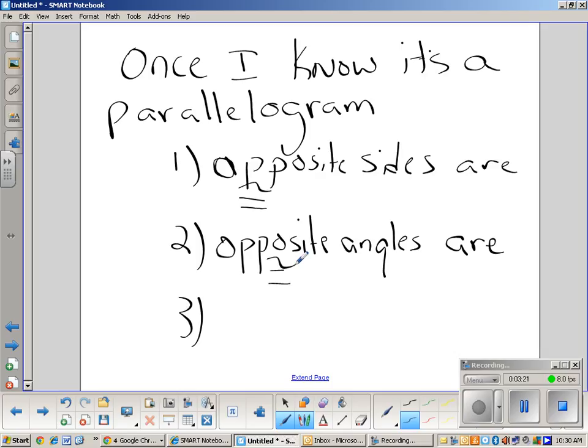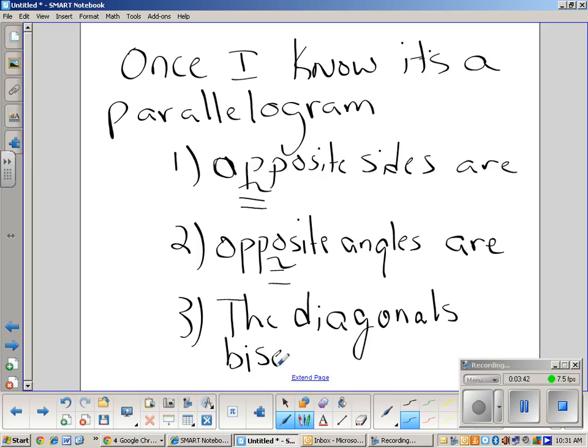And the diagonals of a parallelogram bisect each other. Guys, just write it down. Now, we have to remember on number 3, we've got a key word in there, the word bisect. So that's going to mean something. I'll give you a second to write this down.